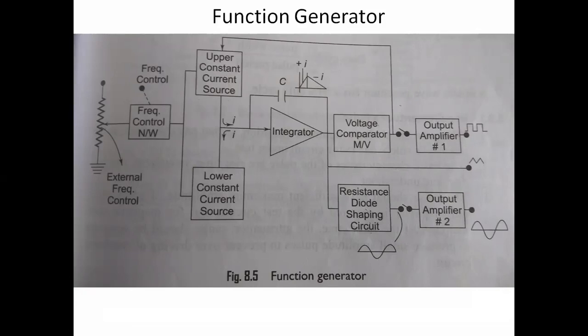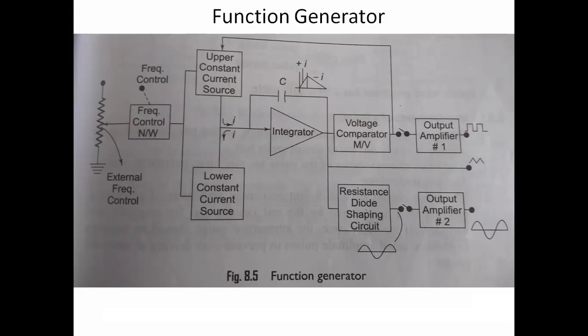For that, we require the sweep signal, a sawtooth waveform signal. That sawtooth waveform signal can also be generated by the function generator. So it will produce three output waveforms we can use wherever required. That is one main feature of this function generator.